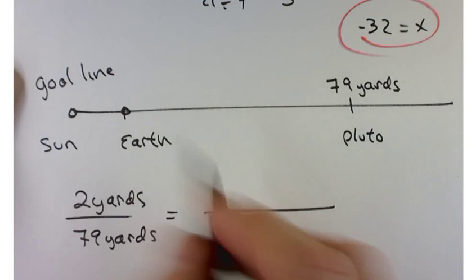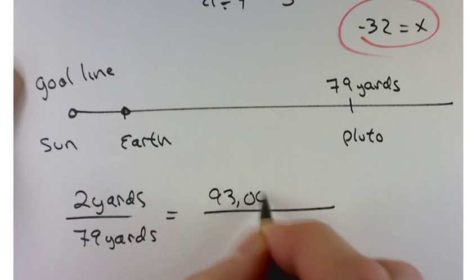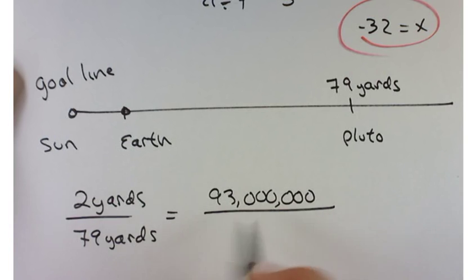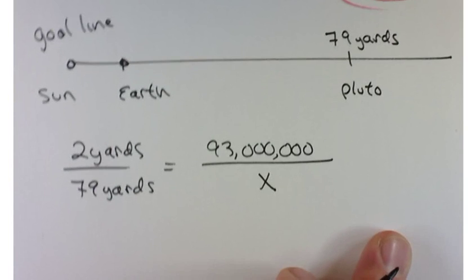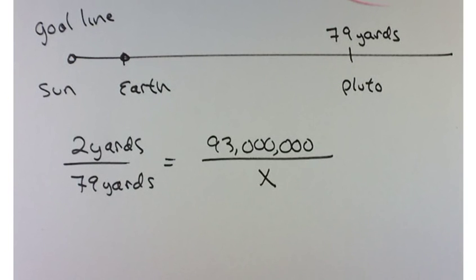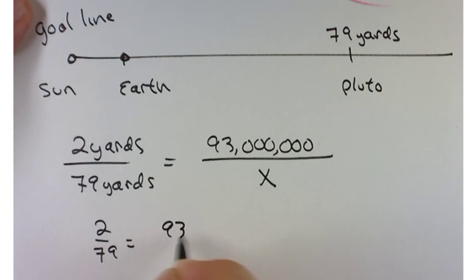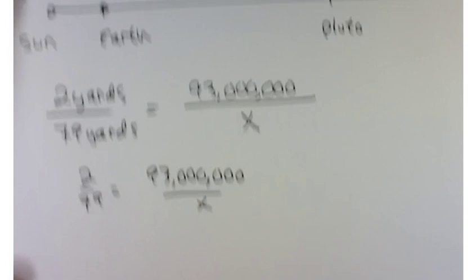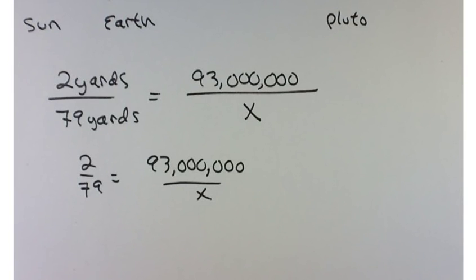Distance from the Earth to the Sun is 93 million miles. At this scale, how far away is Pluto? So there's your equation. Now we can dispense with the units, but 2 over 79 equals 93 million over x. See if you can figure out how far away Pluto is.